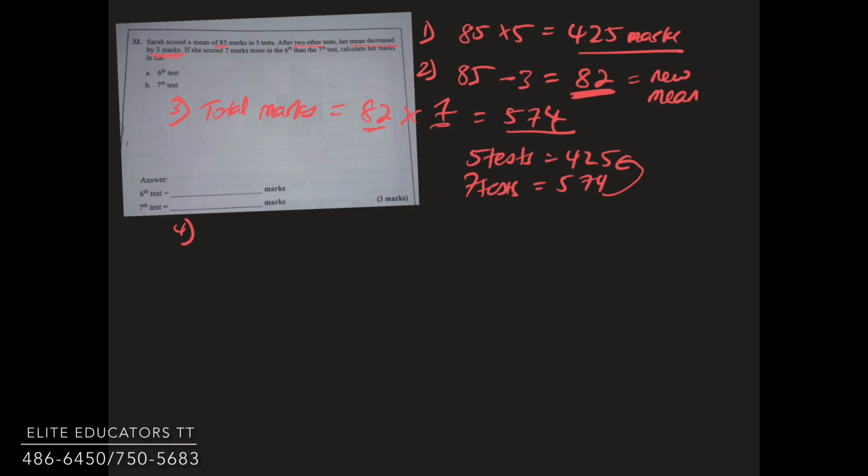So 574 minus 425 gives us 149. So the 6th and 7th tests together are equal to 149 when we add them up in total.